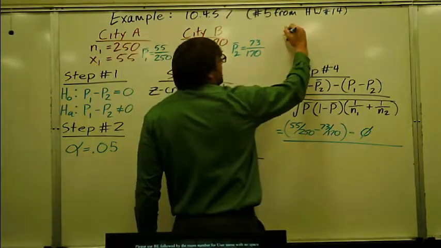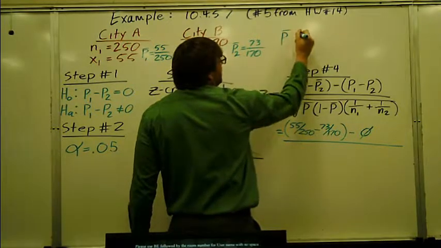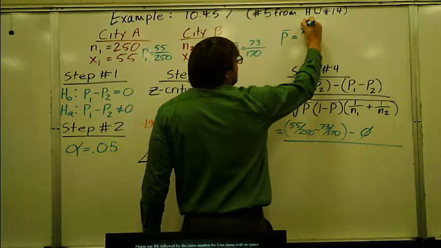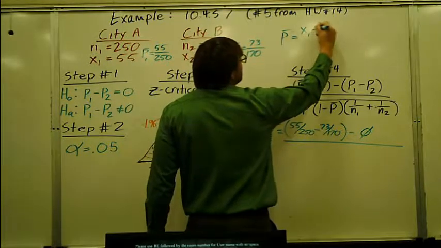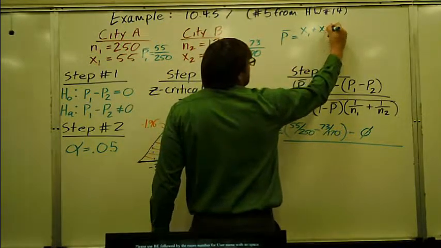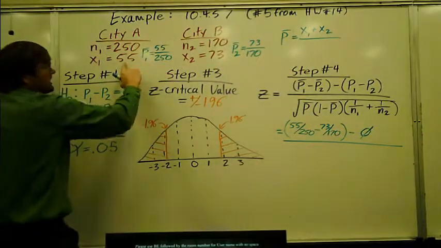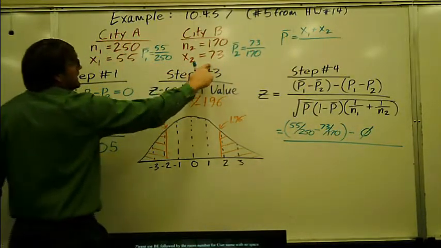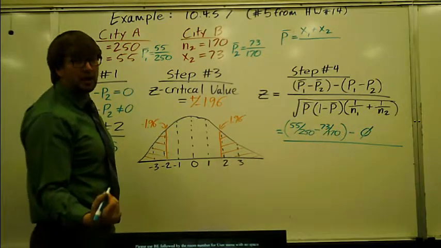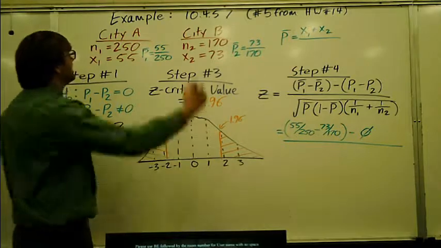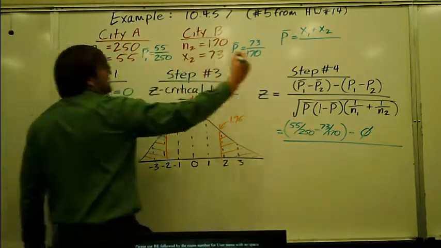So it makes sense that the overall sample proportion would be equal to the sum between the two samples that responded that they had a college degree, divided by the overall sum of the two samples, or the overall sum of the sample sizes, or N1 plus N2.